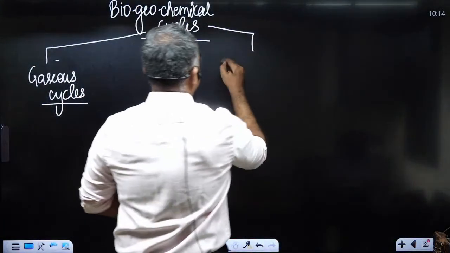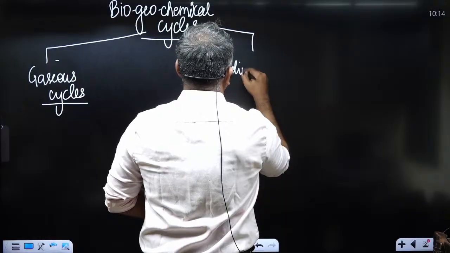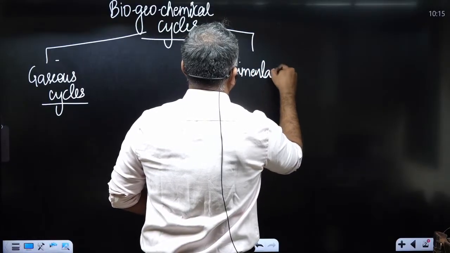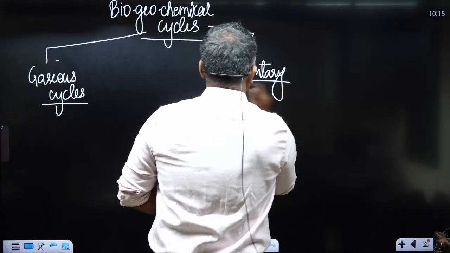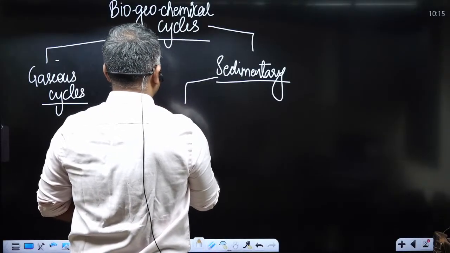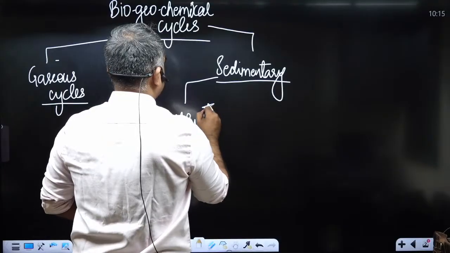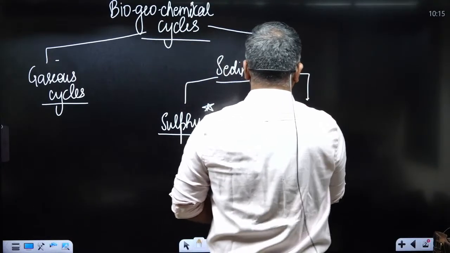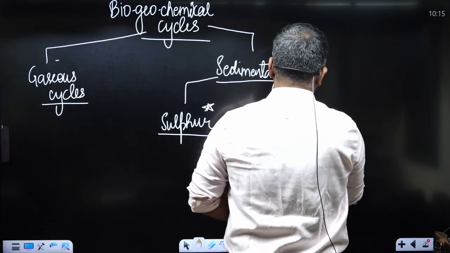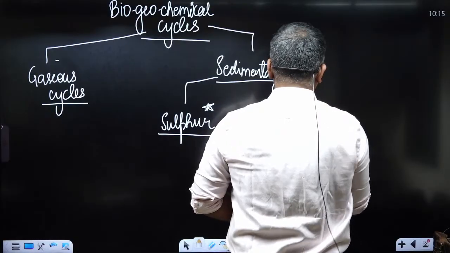Now let's move to sedimentary cycles. The first one we'll see is sulfur. And with sulfur, I've already asked you to put a star mark, right? After that, we'll also see phosphorus. Why is there a star mark on sulfur?